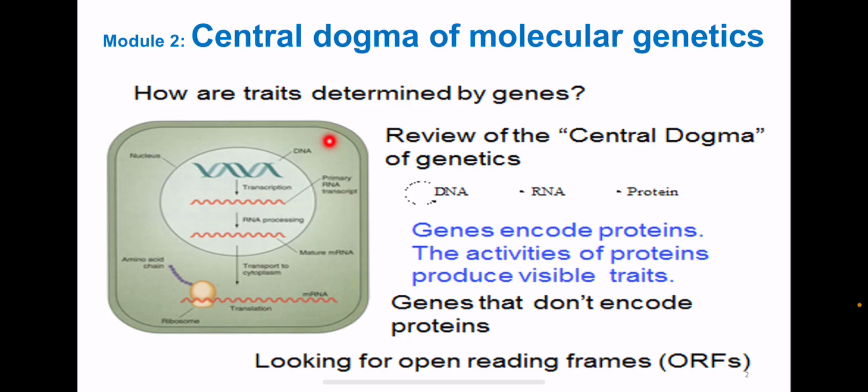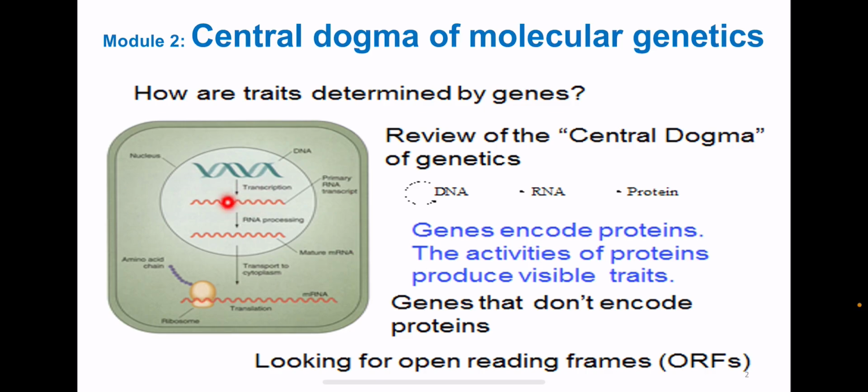Let's look at this little diagram over here. This is DNA. The DNA unwinds into two single strands, and one of the strands is used as a template. The other one will be the coding strand.